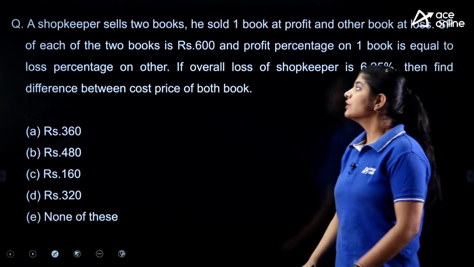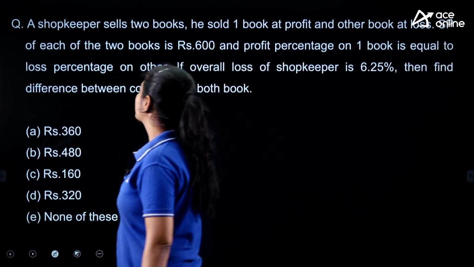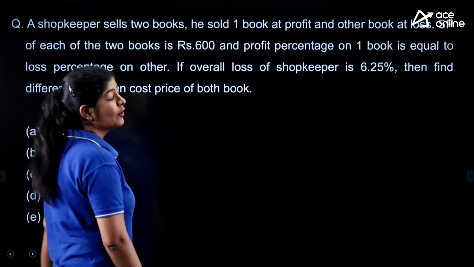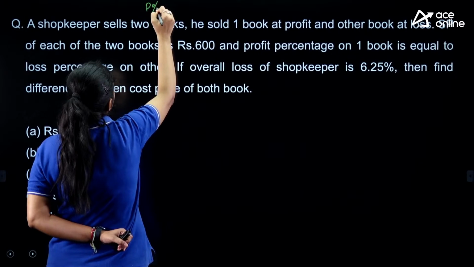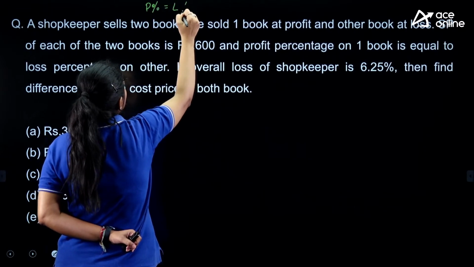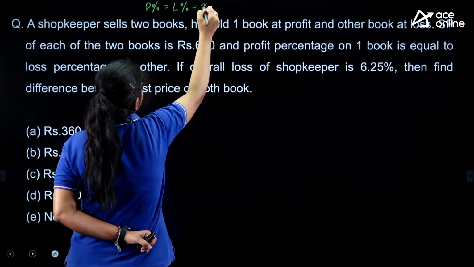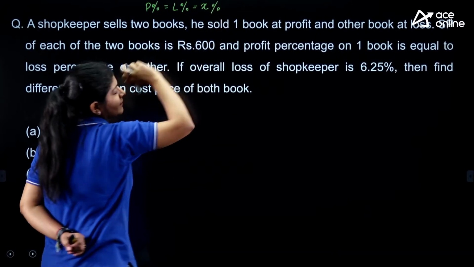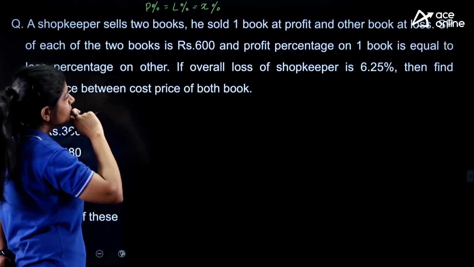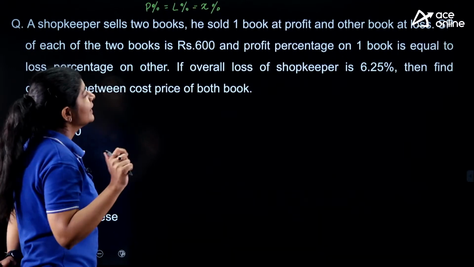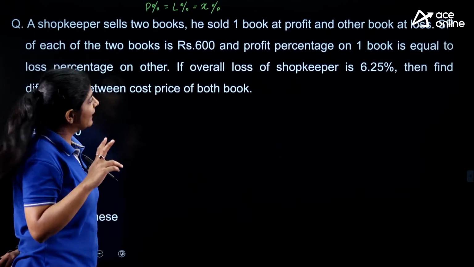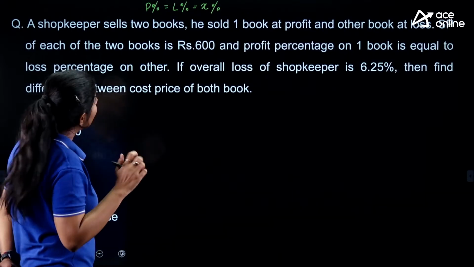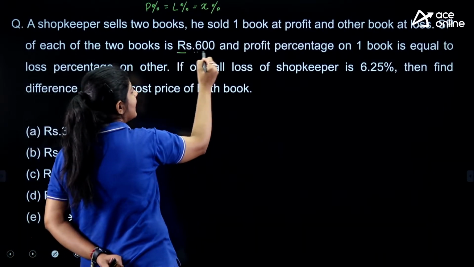Okay. So it is given that the profit percentage and the loss percentage is same. So we are just assuming that the profit percentage and the loss percentage that we are having is equal to X percent, right? We just simply assume this value. The selling price of each book is 600 rupees.